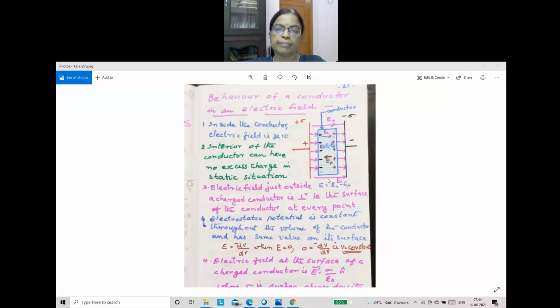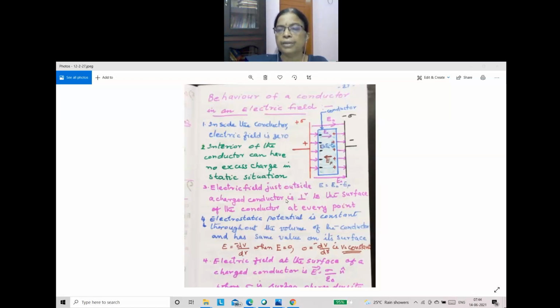When a conductor is kept in an external electric field, electrons move towards the positive plate and an equal number of positive charges are formed. The electric field is produced inside, which is opposite to the external field.